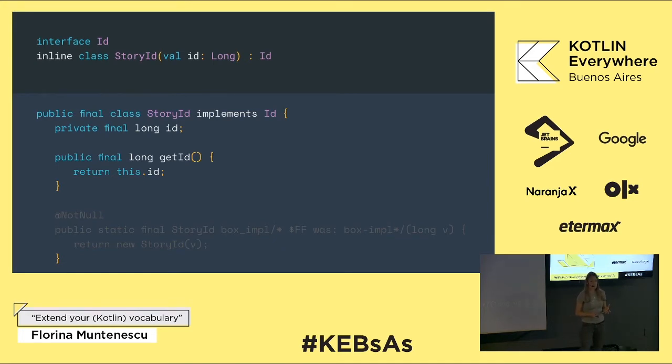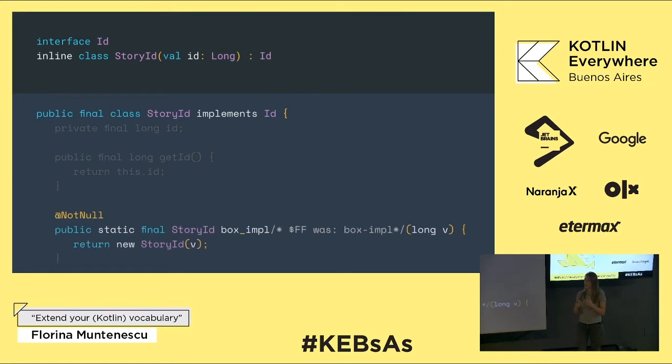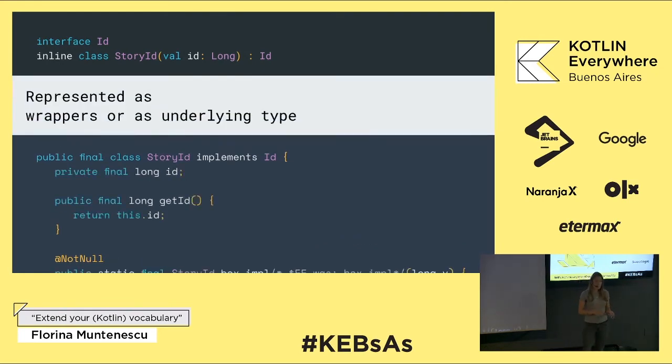Okay, that's nothing much. But it also provides a boxed implementation of it. This means that in some cases, Kotlin is going to use this as an object instead of a wrapper. So more precisely, an inline class is represented as a wrapper or as an underlying type, depending on the situation.